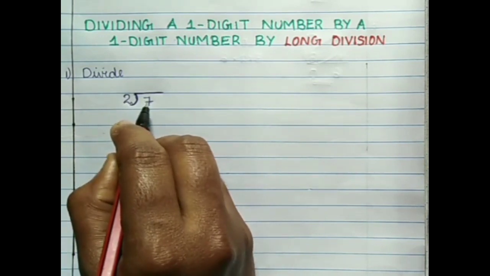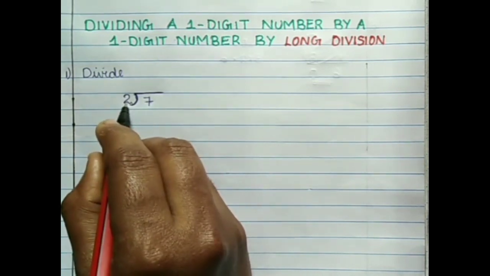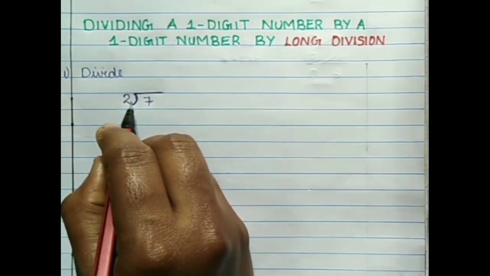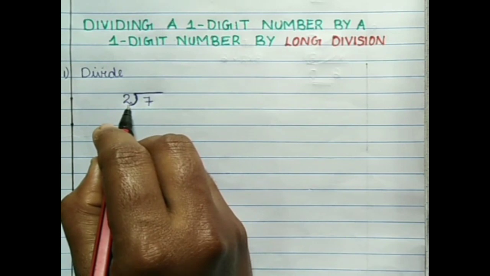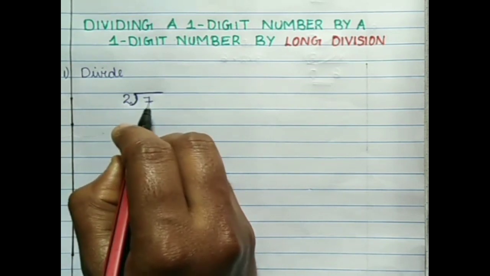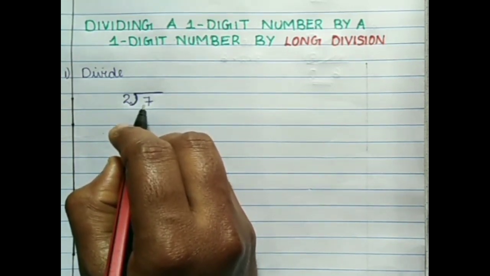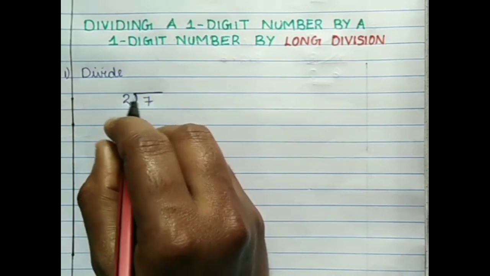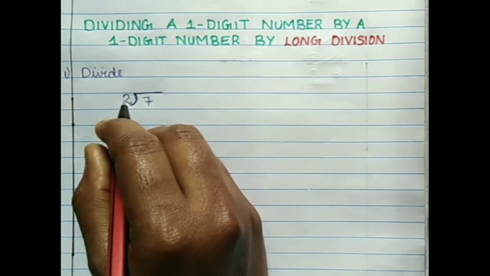To divide the number 7 by 2 means using the multiplication table of 2 we should find the answer. For that, first we have to check whether we have the number 7 in the multiplication table of 2. Our first step is to check whether we have the number 7 in the table of 2.